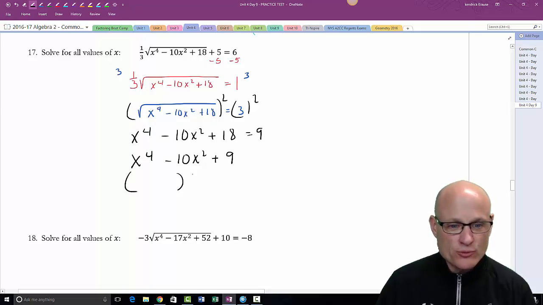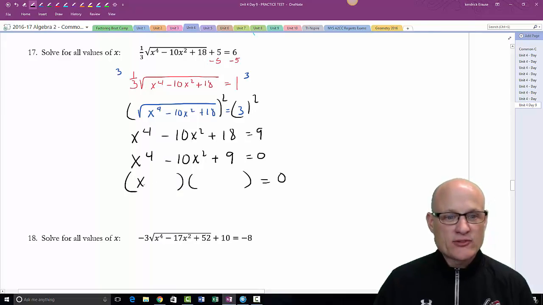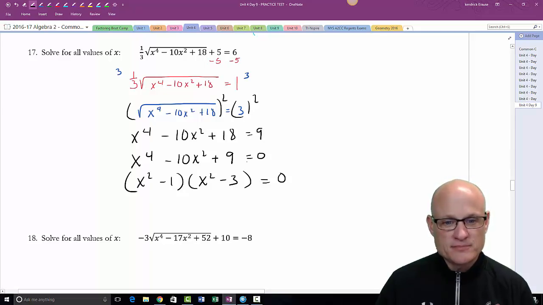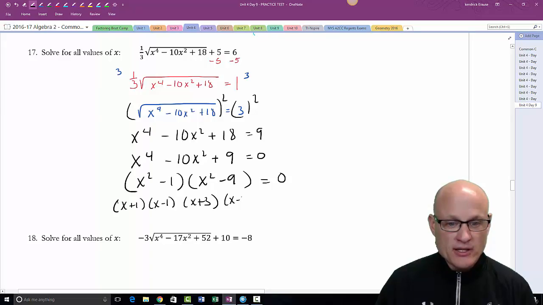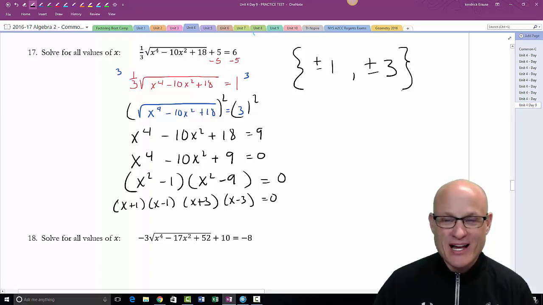We will factor. x squared minus 1, x squared minus 9. Each of those is the difference of perfect squares. So this is going to be (x plus 1)(x minus 1)(x plus 3)(x minus 3) equals 0. So I get 4 answers: plus and minus 1, plus and minus 3.